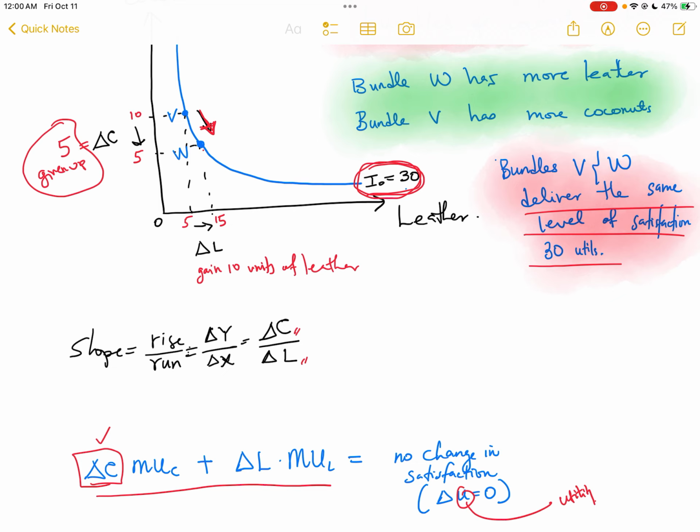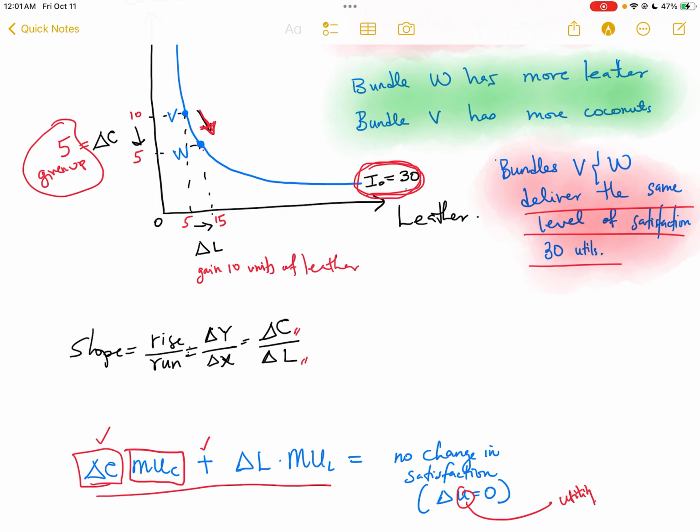Remember, as you consume more of a unit, marginal utility falls. Now in this case, we are consuming less coconut, so marginal utility in coconuts should go back up, right? So anyway, we record the associated marginal utility in coconuts for the decrease in coconuts consumed as we jump from bundle V to bundle W.